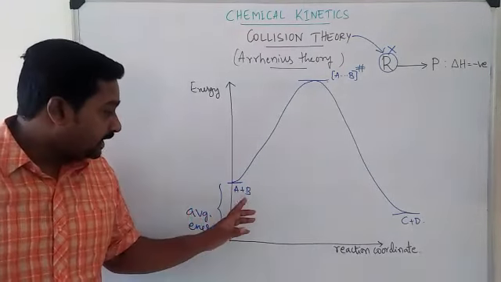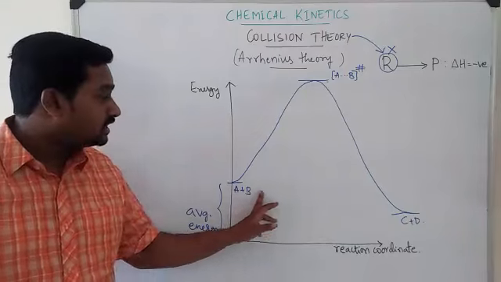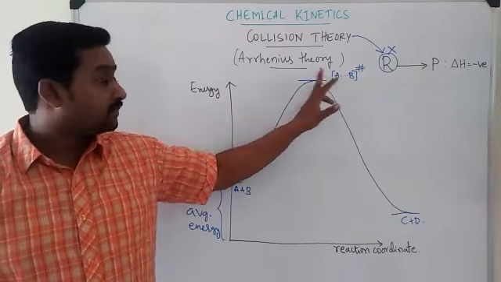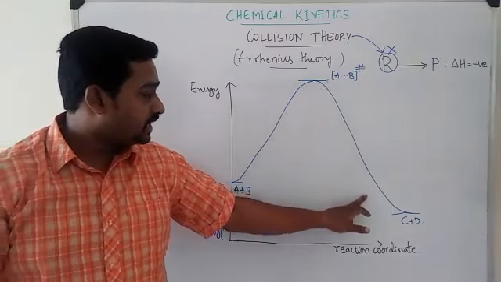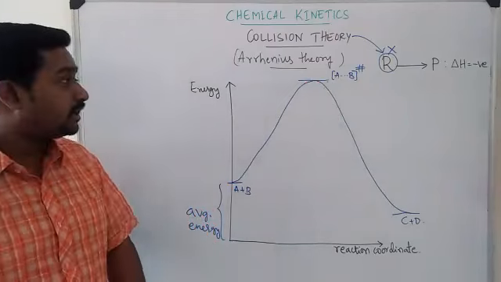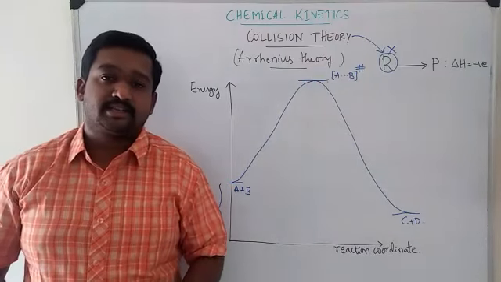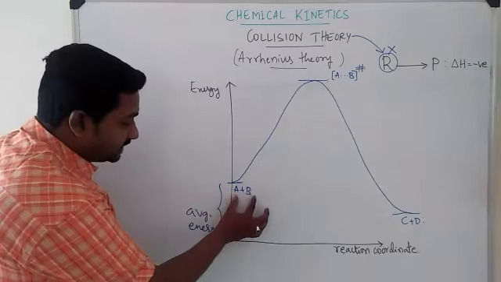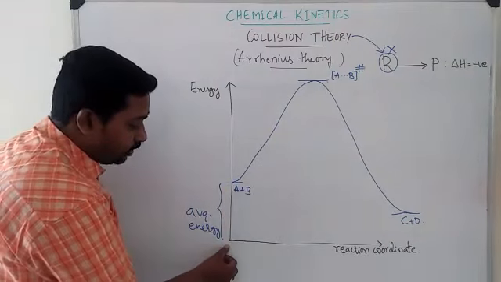So when reactants collide with each other, their energy increases to a maximum called the activated complex. That activated complex decomposes into products because it is unstable. Now there are 2-3 factors that we must understand from this graph. First one is, reactants do not have zero energy.